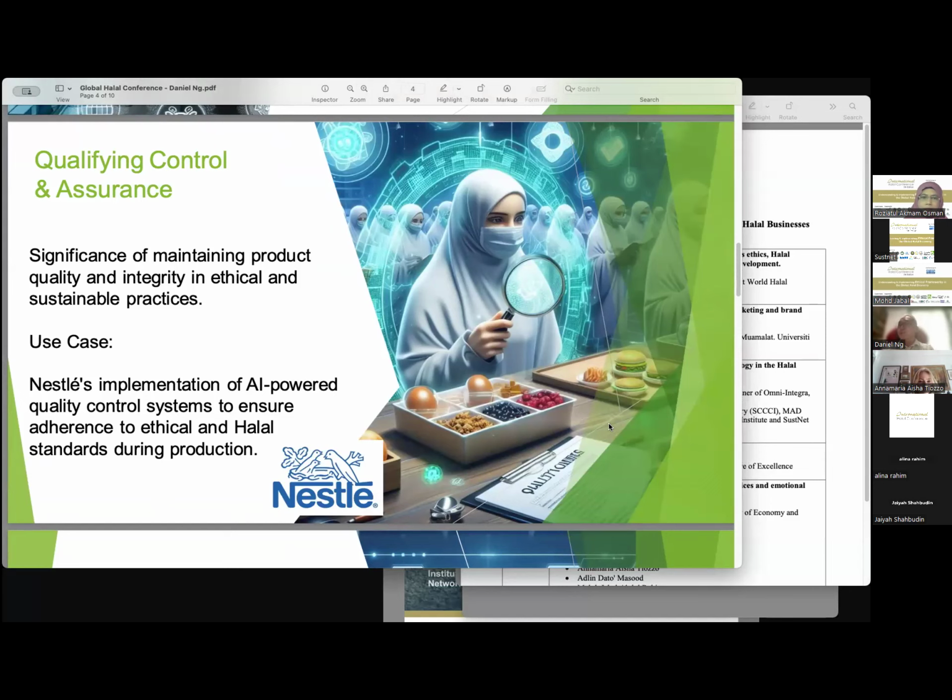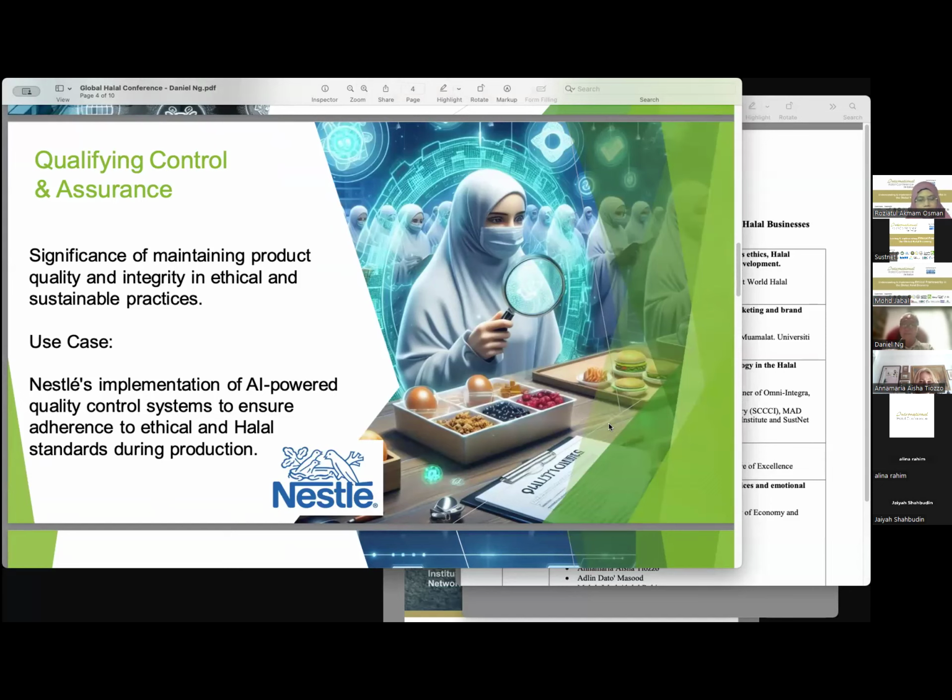The next area is really quality control and assurance. Maintaining product quality and integrity is another critical aspect of ethics and sustainability in the halal industry. AI-powered quality control systems enable businesses to ensure adherence to ethical and halal standards during production.